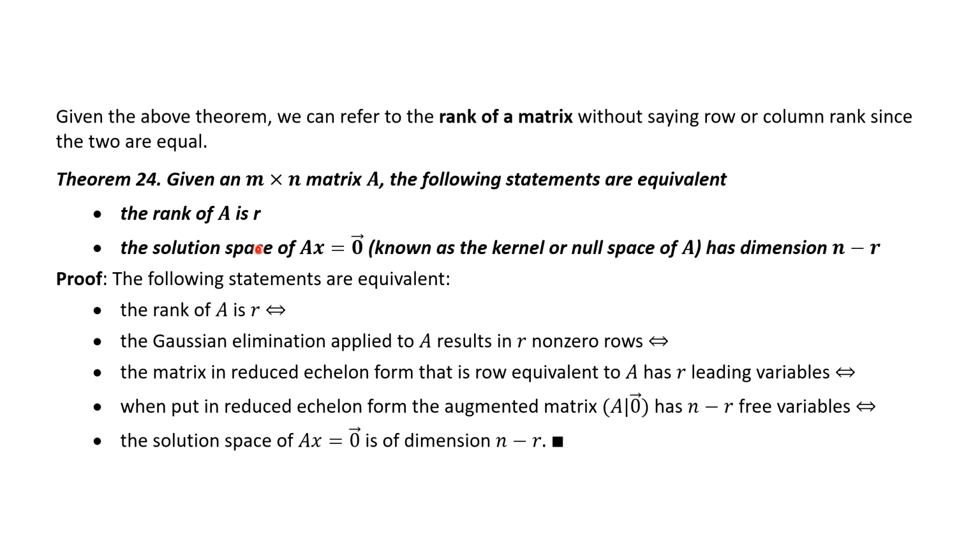We have a theorem related to all of this. It's theorem number 24. Given an m by n matrix, so m rows and n columns, the following statements are equivalent.